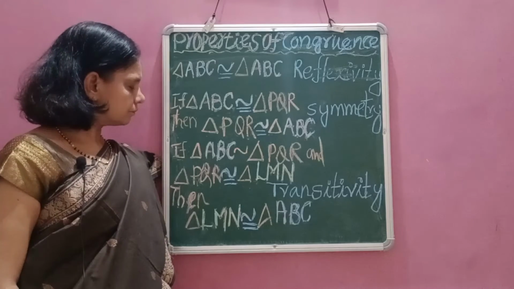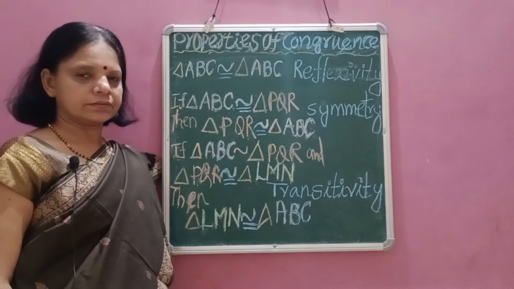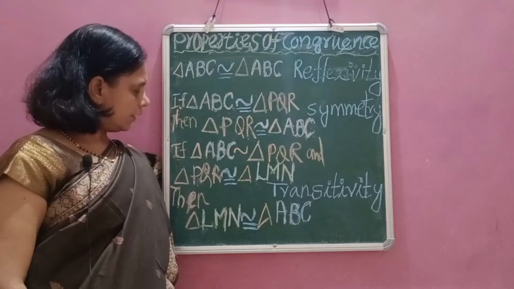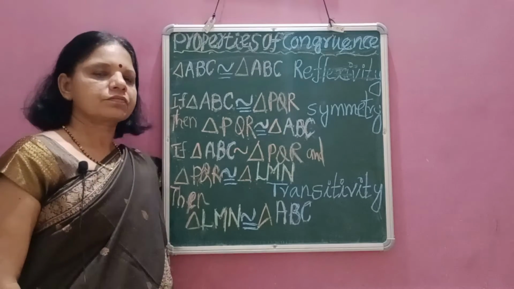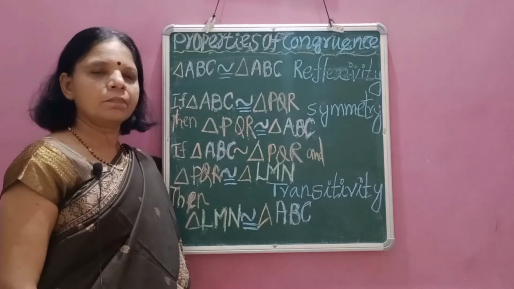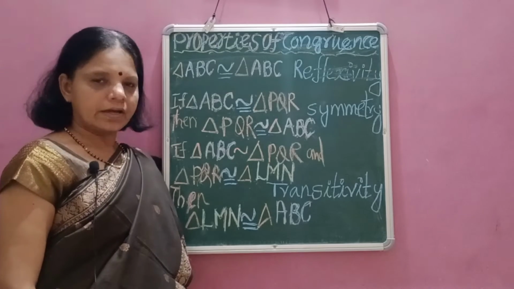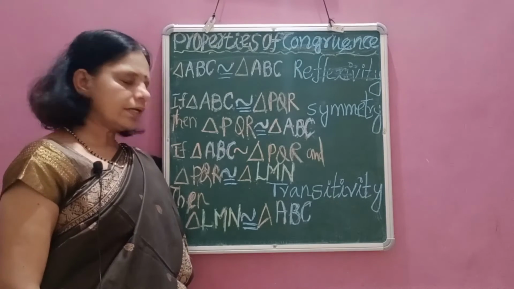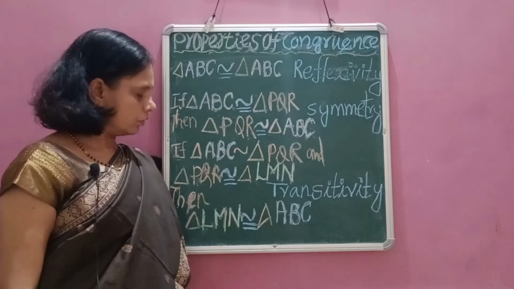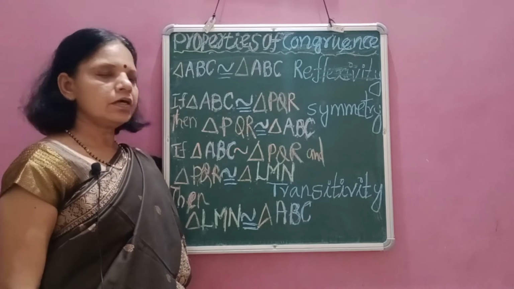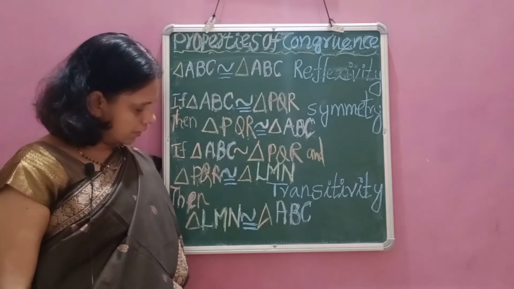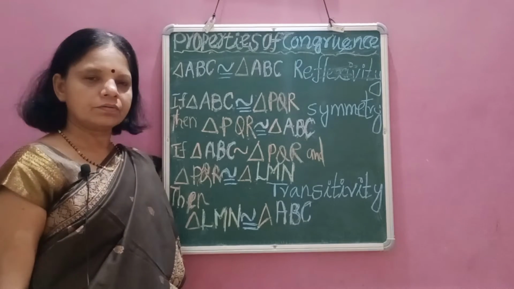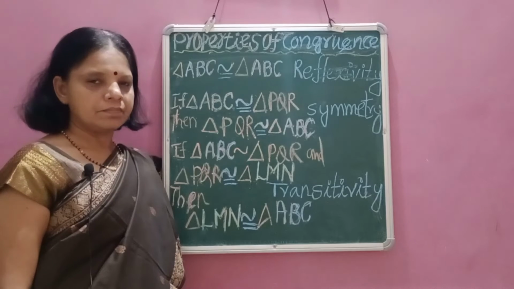Next one, there are three triangles. If triangle ABC is congruent to triangle PQR, and also triangle PQR is congruent to triangle LMN, then triangle LMN is congruent to triangle ABC.